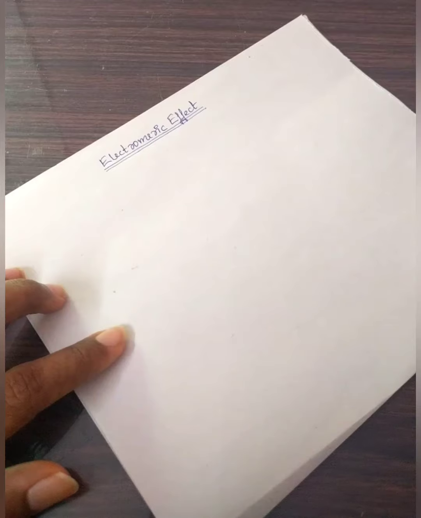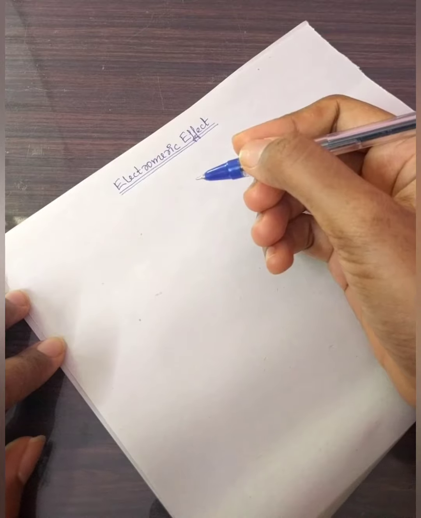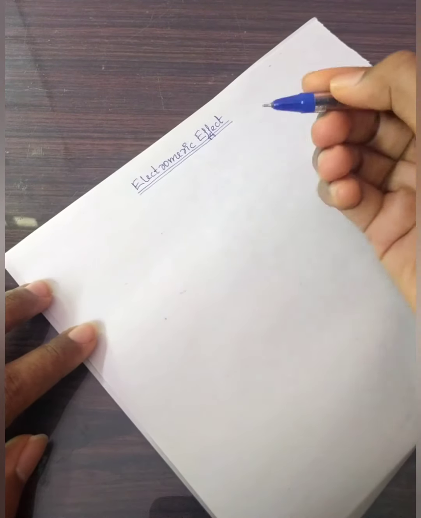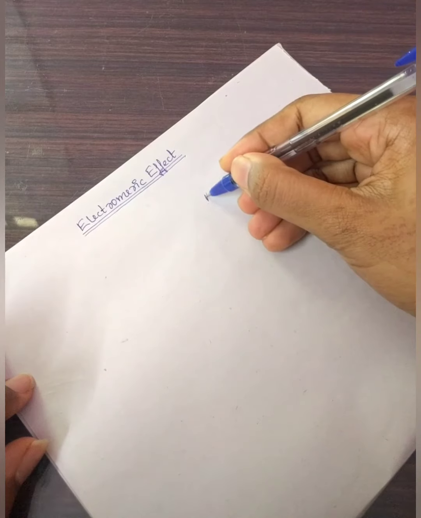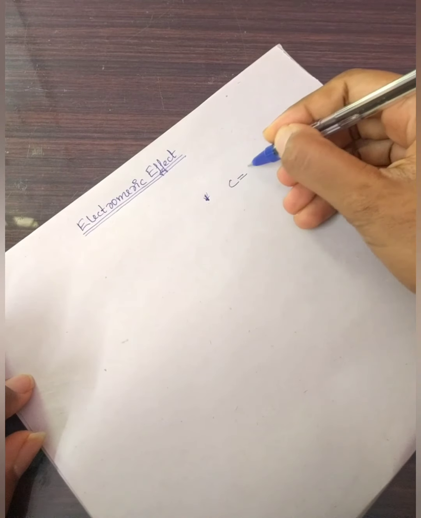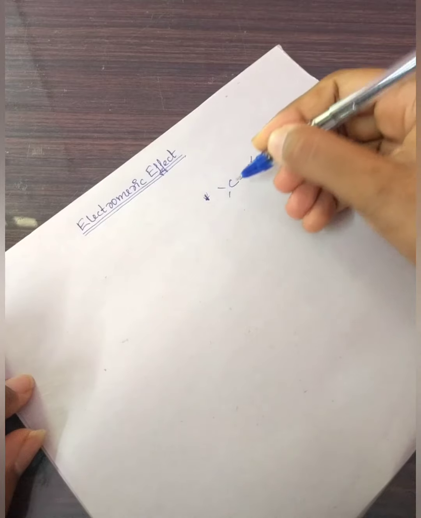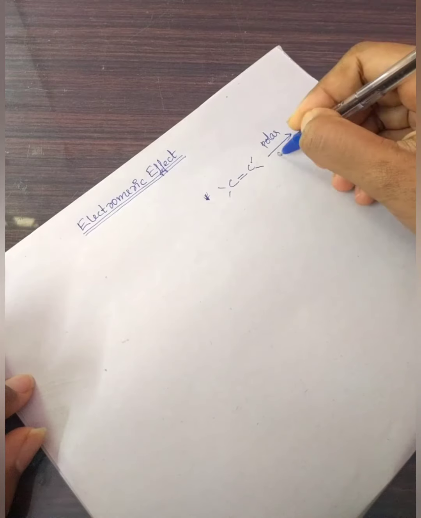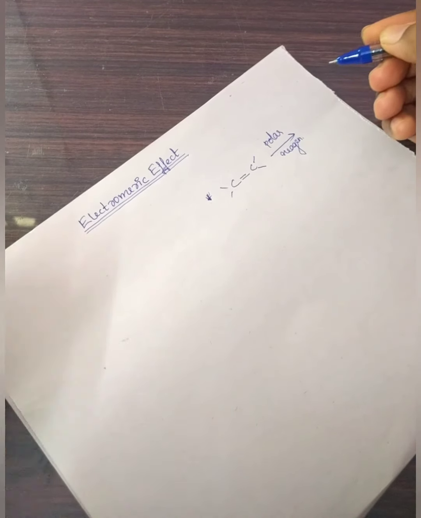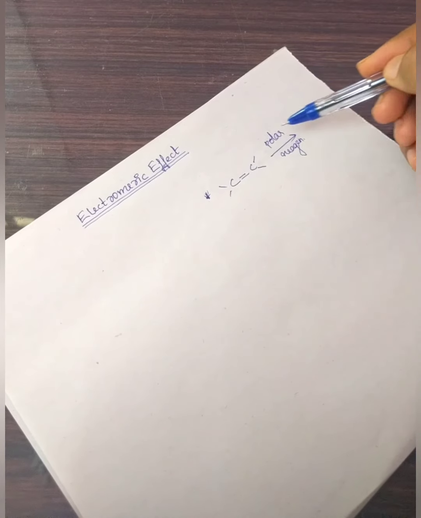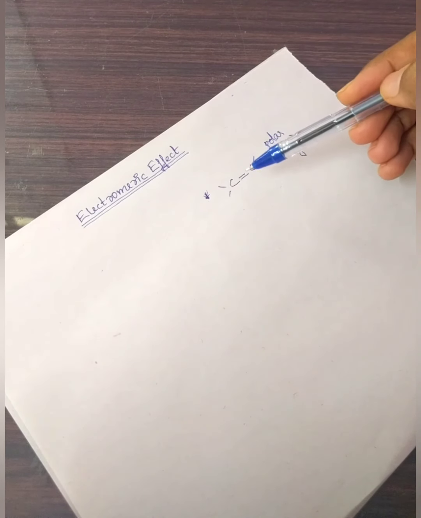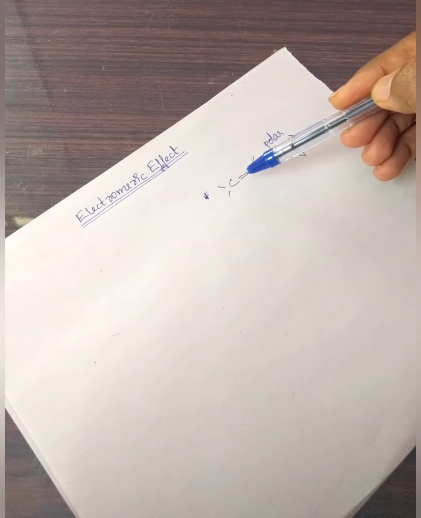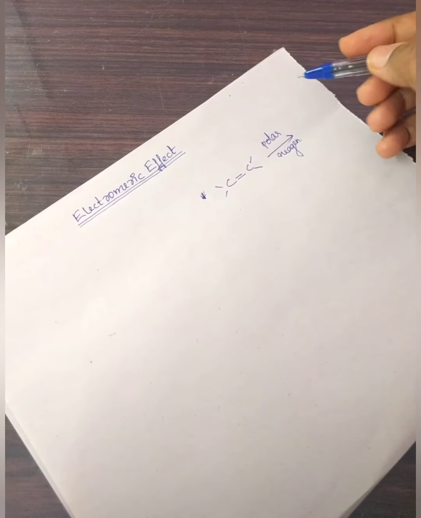Now I'll show how this electromeric effect can be represented. According to the definition I mentioned earlier, if we have a double bonded compound and I'm adding a polar reagent to it, then because of the demand of this polar reagent there will be a shift of pi electron density to one of the bonded atoms.